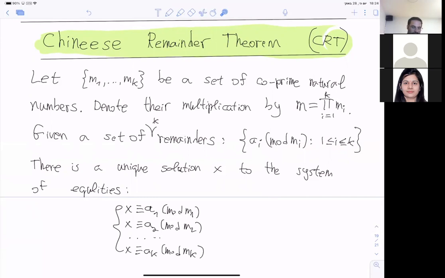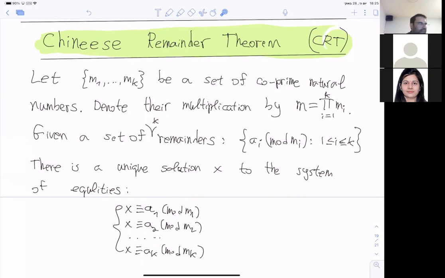I know that X modulo M1 is A1 and X modulo M2 is A2. Then I can find a unique X with these remainders. Okay? So this is very powerful.